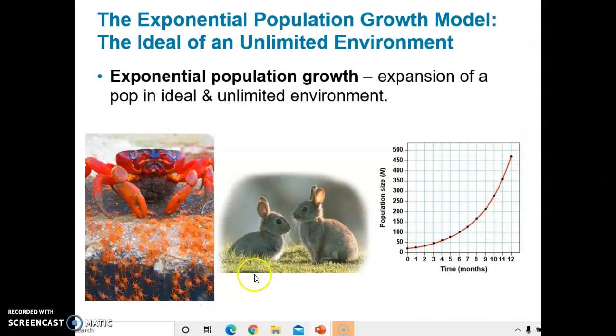And this can occur in nature under certain conditions. And as we'll see or talk about, this cannot continue indefinitely because the environment on a global scale is actually limited, but it can be unlimited in terms of resources for species, organisms for the short term.